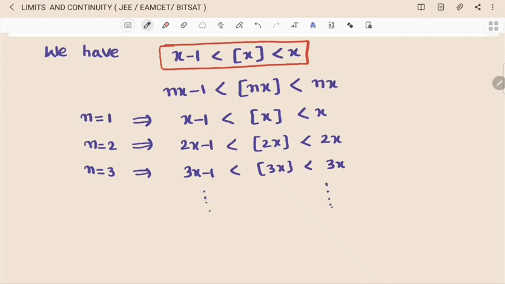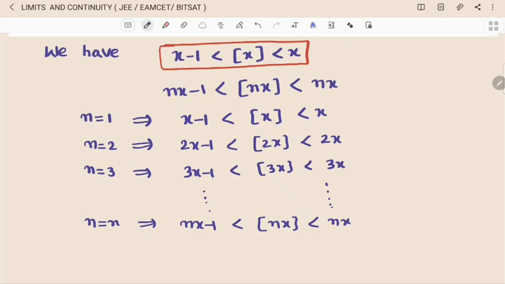If you do it like this till n, that means last n is equal to n, it becomes nx minus 1 is less than [nx]. That's what I wrote first, but for the purpose of understanding I wrote it in that way.